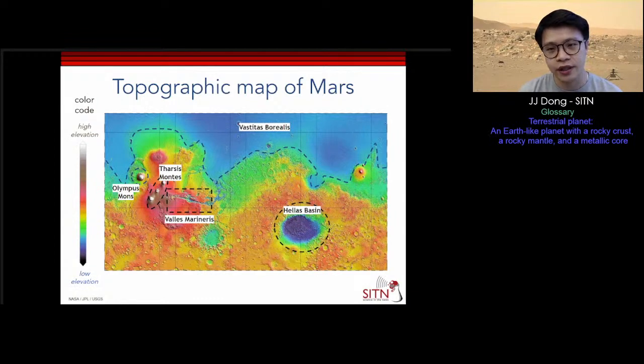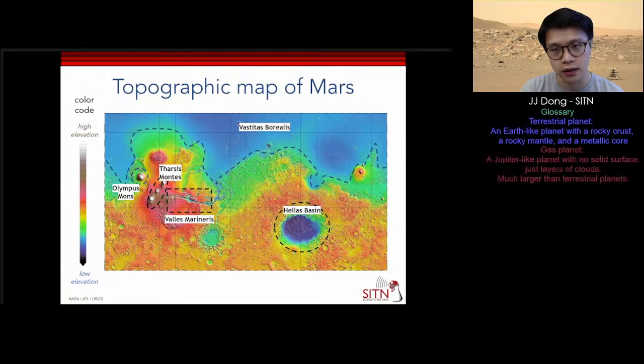The northern hemisphere, the upper part of the figure, is flat plains. We color that in blue. And the southern hemisphere is highlands in yellow and plateaus in red. The relative elevation of the southern hemisphere is quite high.